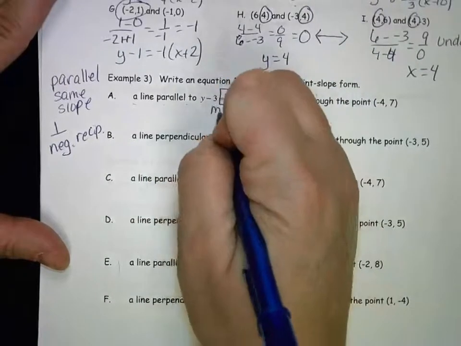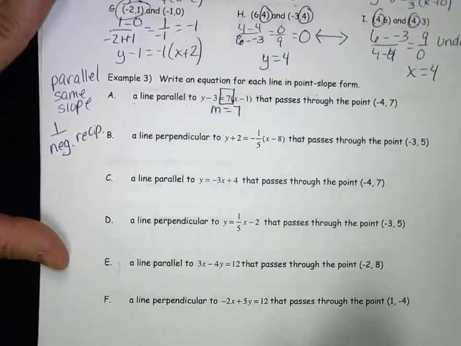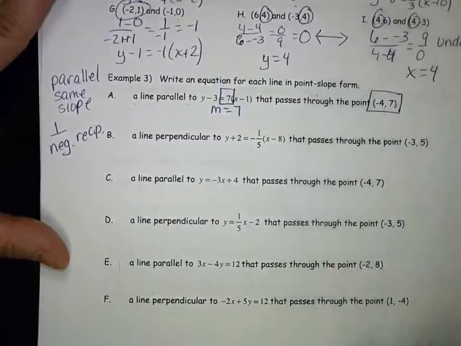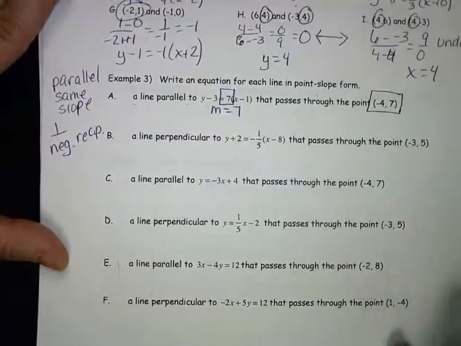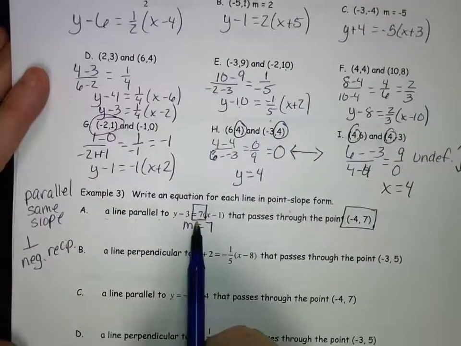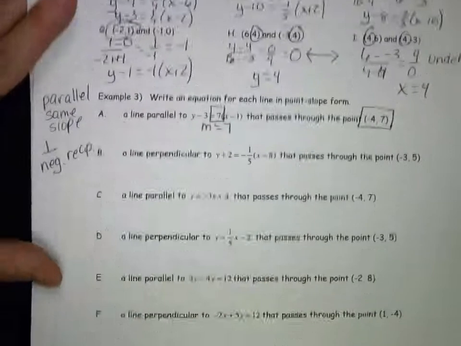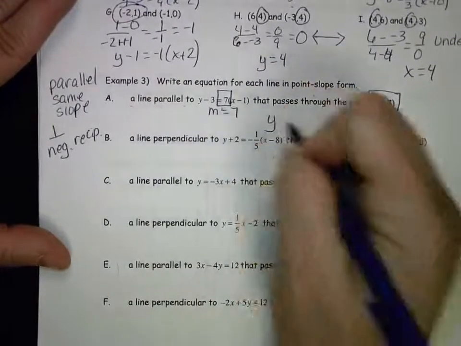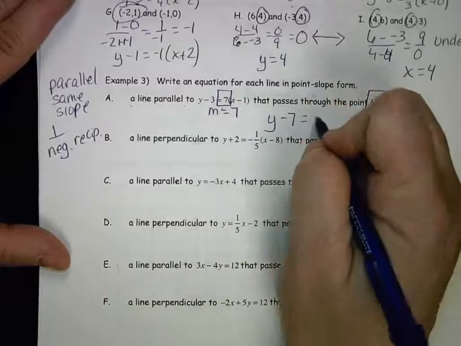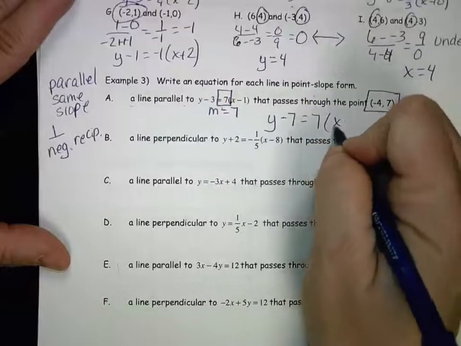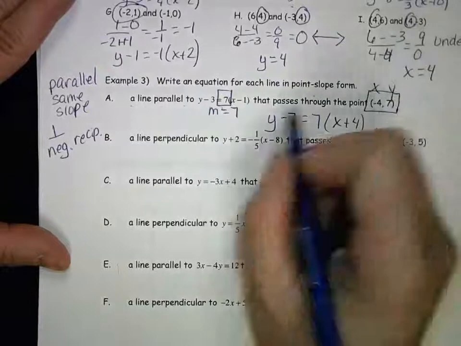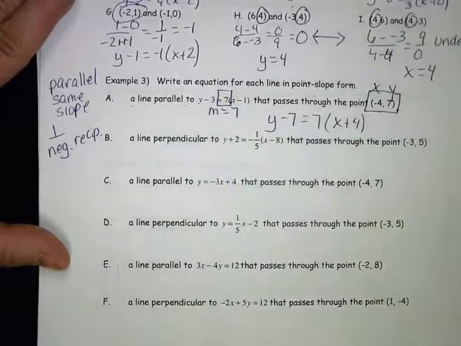So that tells us that our slope is 7. And then it passes through the point. So this is exactly like we did up here. We had to figure out the slope, and this is the point. So our equation will be y minus 7 equals 7 times x plus 4. This was your x, that was your y, and that was your m.